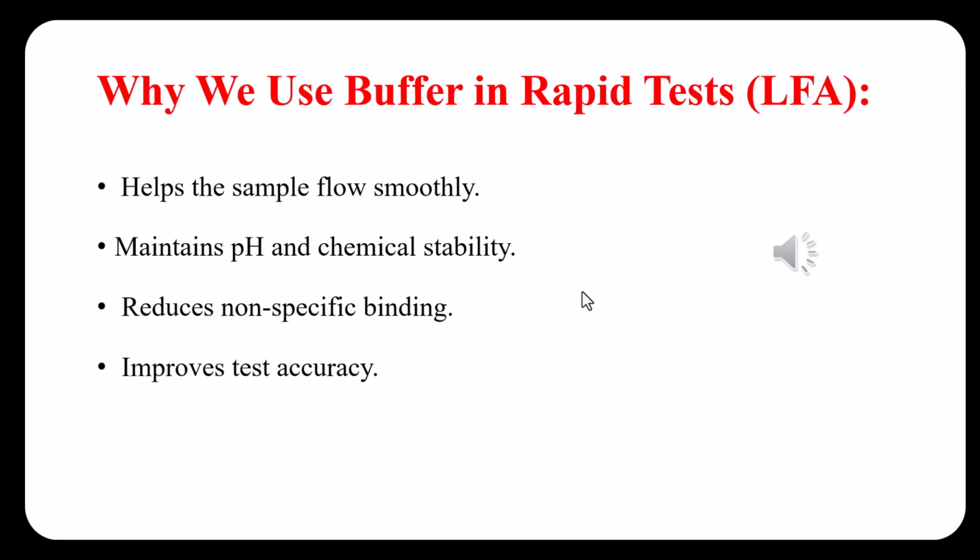Any antibody or antigen that is non-specific is reduced, and it also improves the test, allowing it to be more accurate. That's the benefit of using the buffer during the rapid test. We have a special place where it is added, and it helps the sample flow smoothly, maintains pH, reduces non-specific binding, and improves test accuracy.